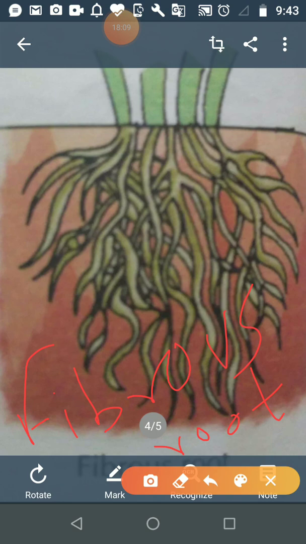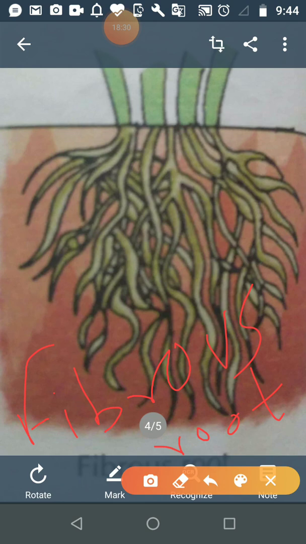First, note down in a taproot, the main root is connected to the stem. Now many roots grow from this main root, that is your taproot. Examples of taproots are carrot, radish. Beetroot is also a taproot.